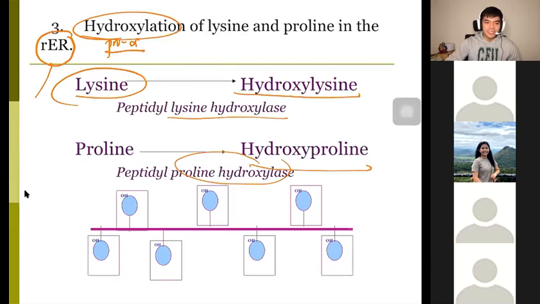So ulit, kailangan ba ng prolyl hydroxylase ng cofactors para siya ay maging active? Yes. Okay, yes. Kaya nagiging hydroxyproline siya. Nangyayari yon sa rough ER. Ano-ano yung tatlong kailangan? O, ano yung O? Oxygen. Ano yung F? Iron. Ano yung vitamin na kailangan? Anong letter? C. Okay, vitamin C. That's right. So that's why yung third residue nagiging derived amino acid.